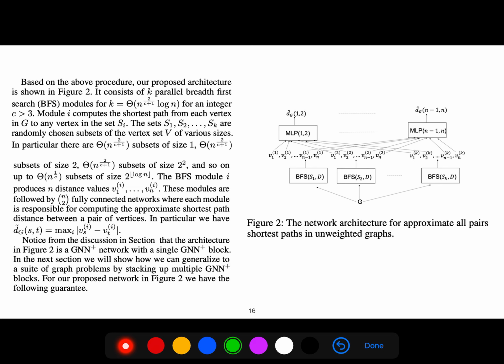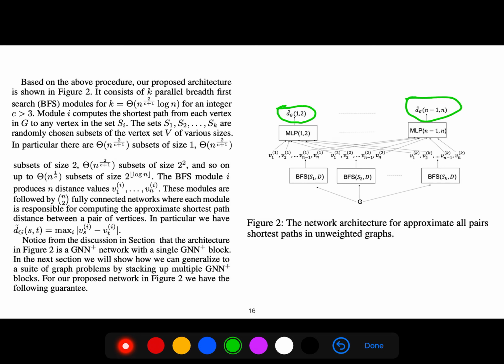For example, this is the network architecture for approximating all pairs shortest paths in an unweighted graph. So they are training this as a black box, input and output. But you know the output, you know the distance between any two nodes, so you can learn it.